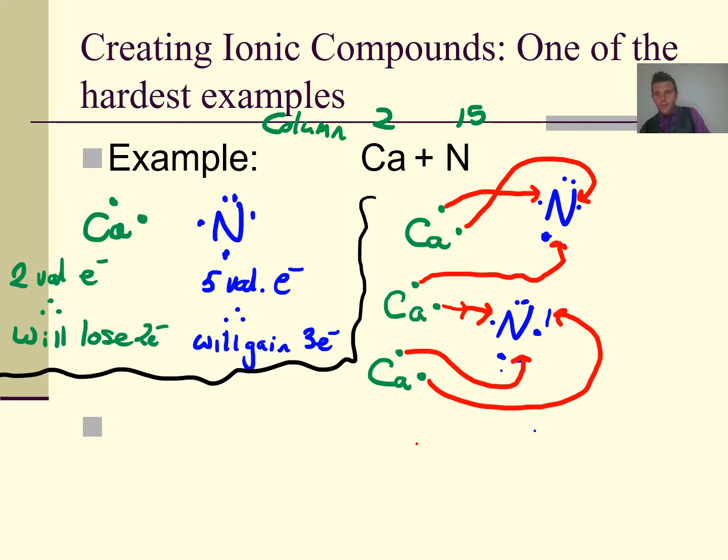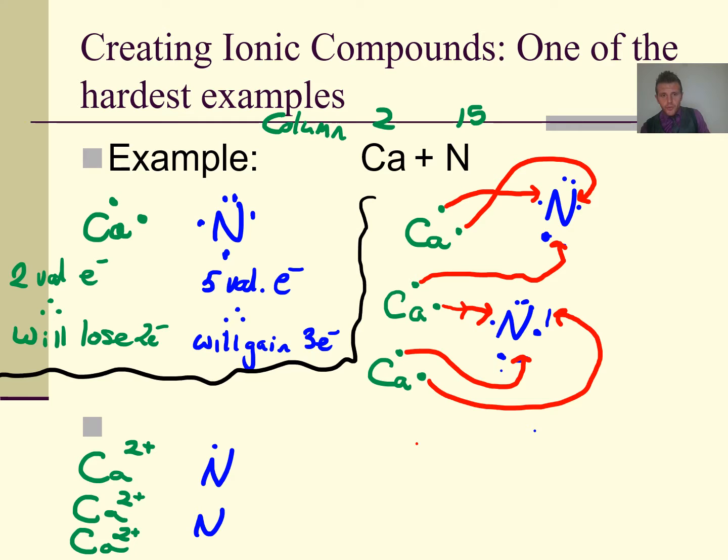So what I have then is 3 calciums, and every calcium lost 2 electrons. So since it lost 2 electrons, that means it's going to be positively charged because it lost a negative. And all of these will become 2 plus. We had 2 nitrogens that we ended up using.